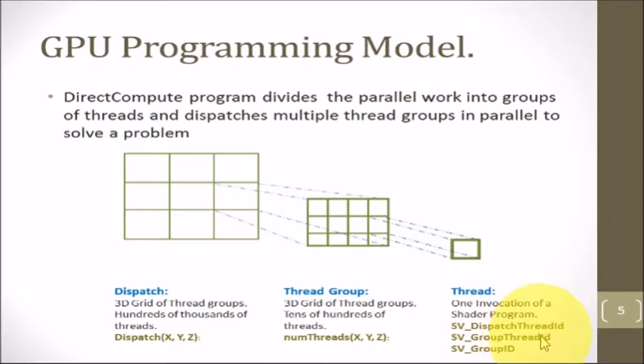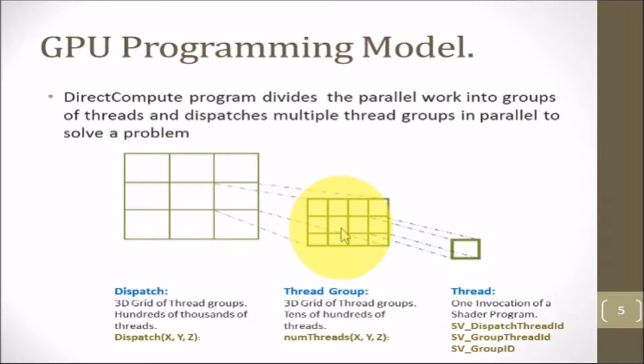Dispatch thread ID is a unique ID assigned to each thread throughout the dispatch call. That means if you consider any thread within any cell, each thread will have its own unique ID. Group thread ID is local to a particular thread group.